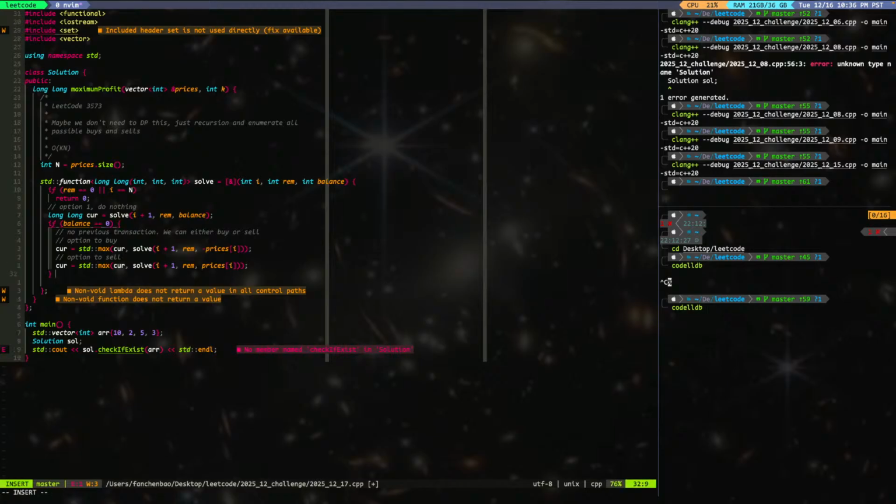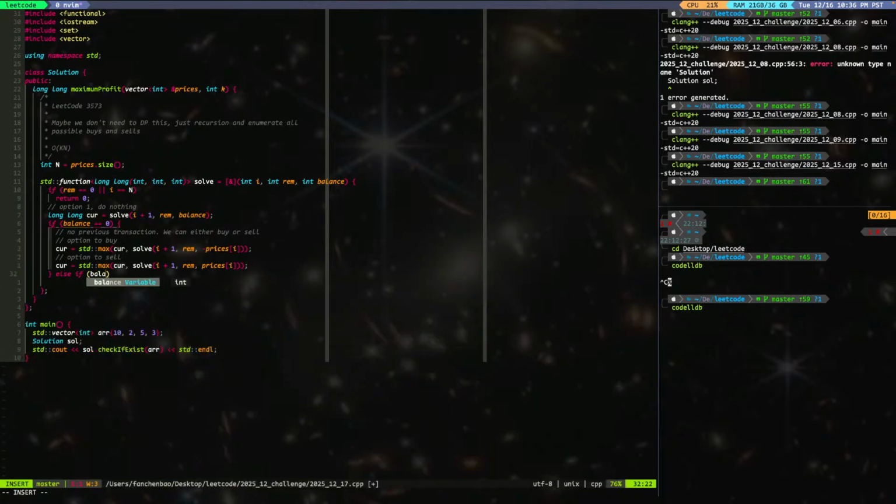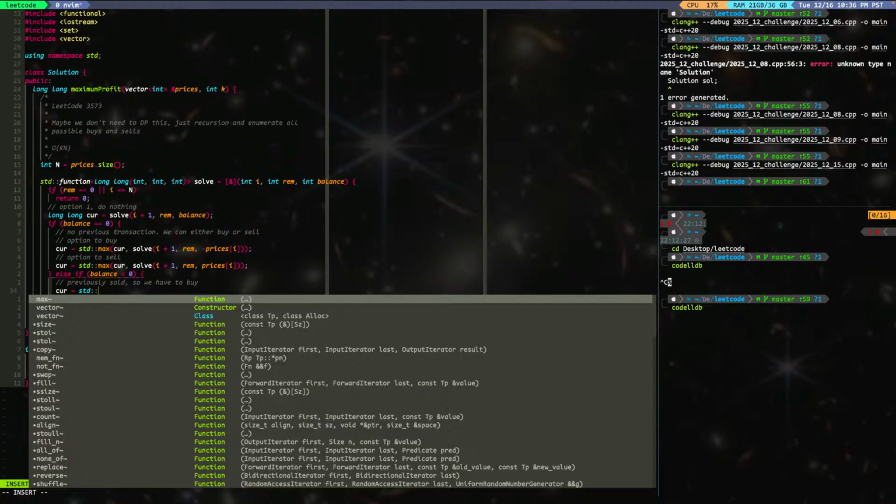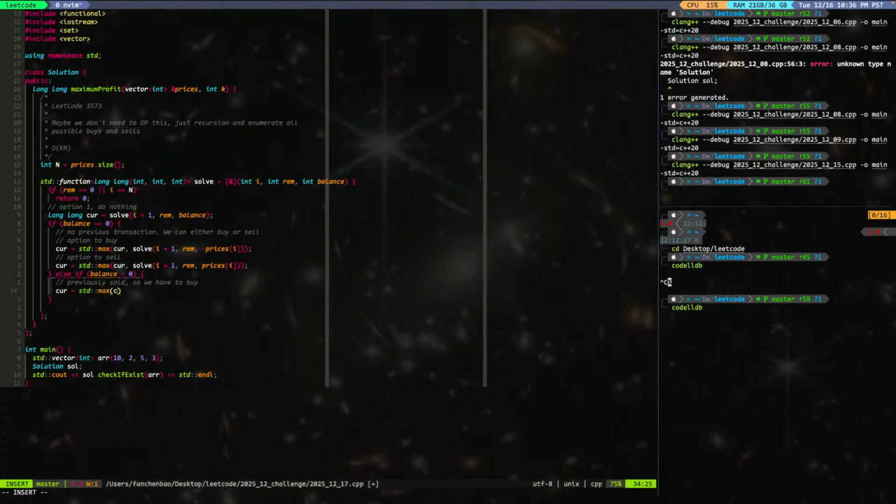Else if balance is smaller than 0, right? So previously sold. So we have to buy. Current max, solve I plus 1, remaining minus 1, and 0.